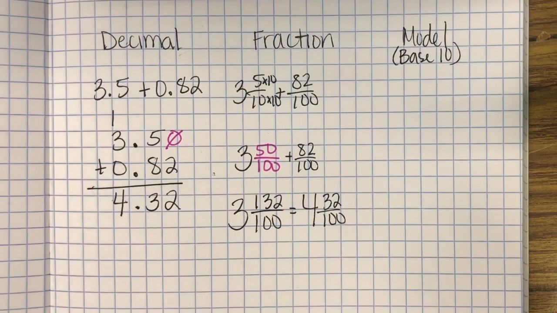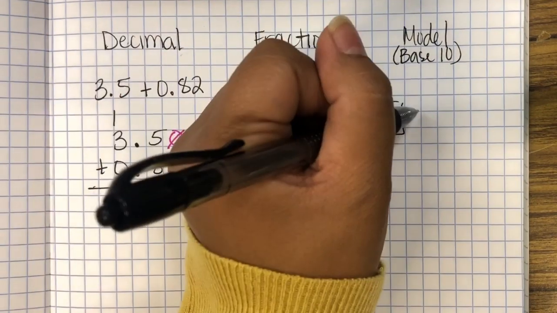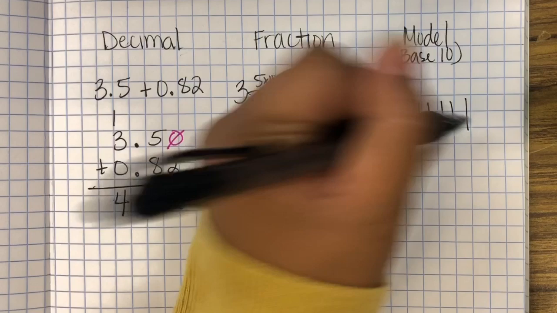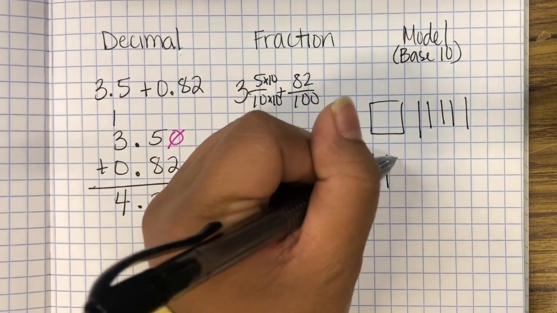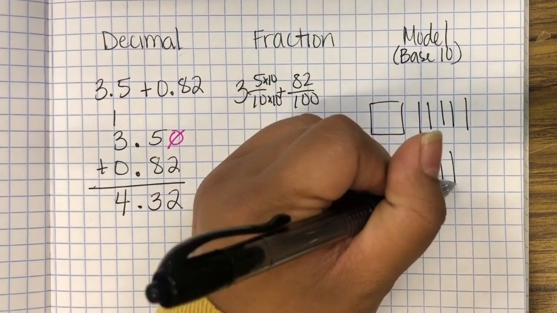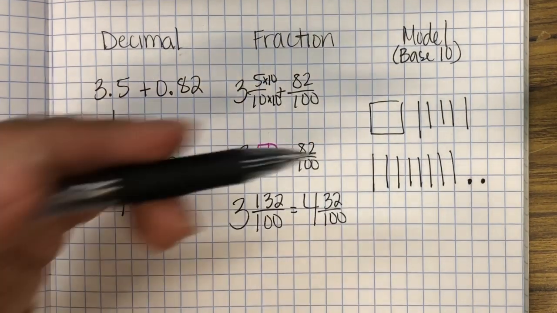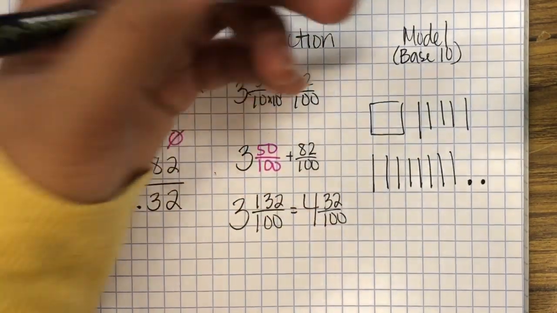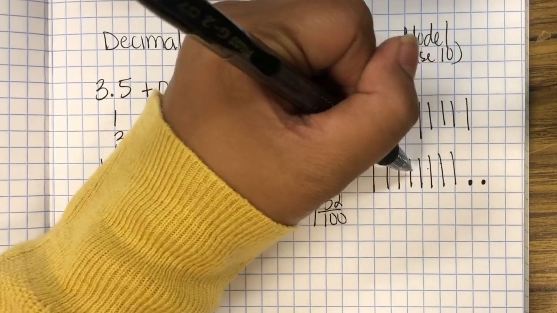With the model, it's simpler to see. We have 1 whole and then 5/10. 1, 2, 3, 4, 5. For the second number, we have 8/10. 1, 2, 3, 4, 5, 6, 7, 8, and 2 hundredths. Since we have more tenths, this represents 1 whole. 1, 2, 3, 4, 5, 6, 7, 8, 9, 10.